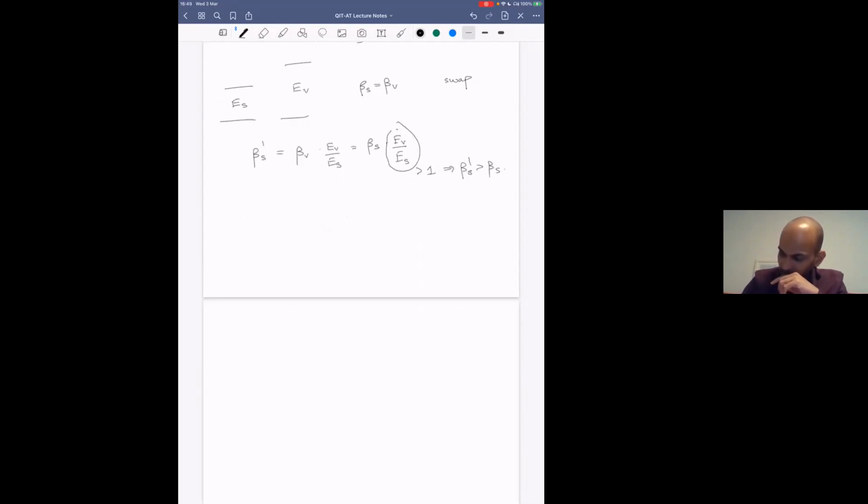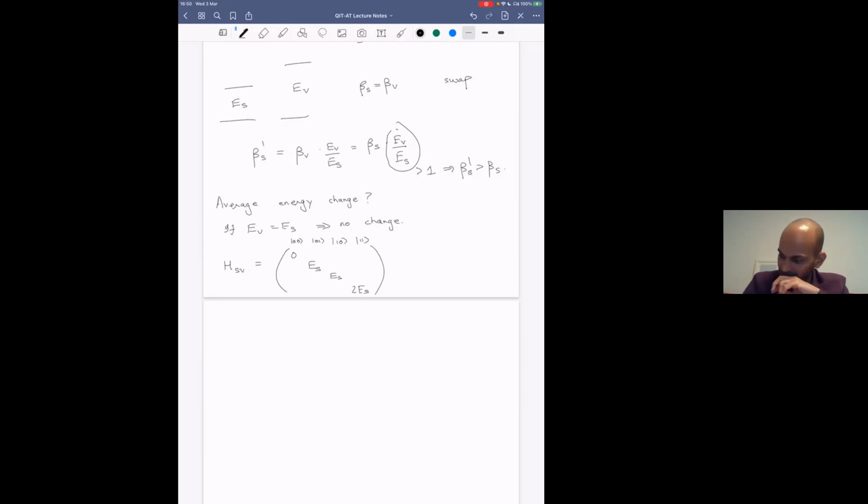The next conclusion that we can draw is we can ask, well, how did the average energy change as a result of this operation? Now, if EV is equal to ES, then there's no change. And the reason is very simple. If EV is equal to ES, then the Hamiltonian HSV is just 0, ES, ES, 2 ES, on the states 00, 01, 10, 11.